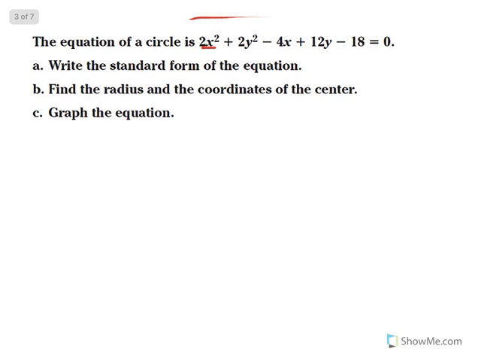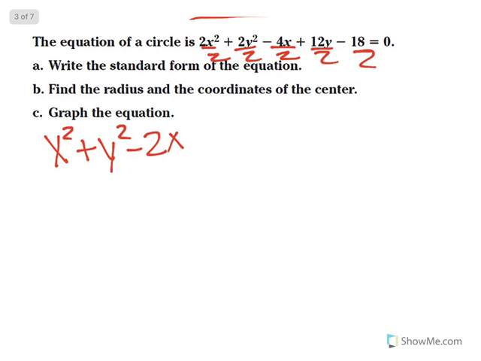So when we divide each term by 2, this is what happens. You get x squared plus y squared minus 2x plus 6y minus 9 equals 0.